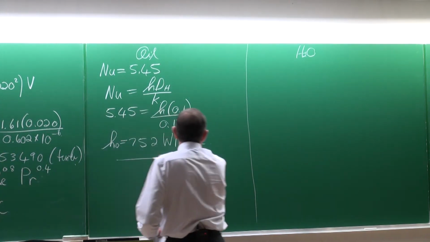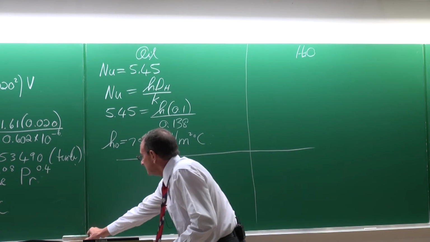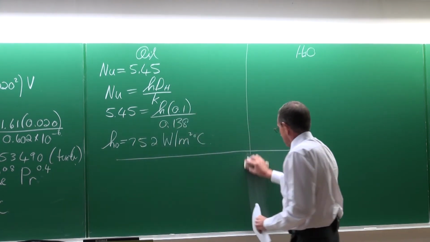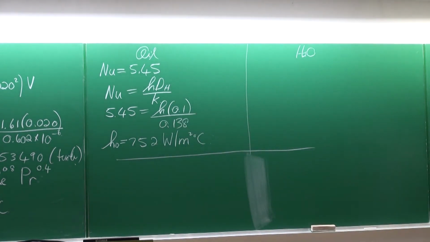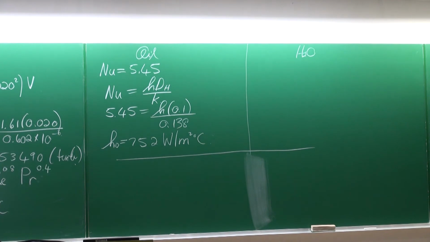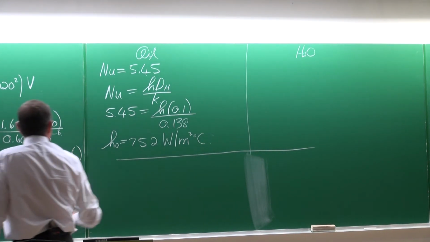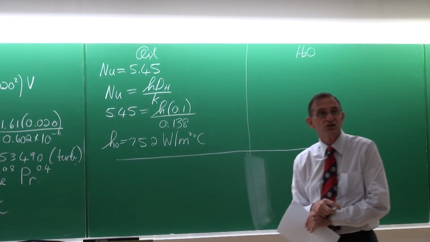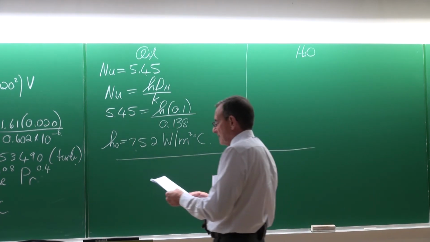Okay, now you can break the two columns. We have to put everything together now. We've calculated the heat transfer coefficient on the inside. Let's call that h_i on the inside, and the heat transfer coefficient on the outside.